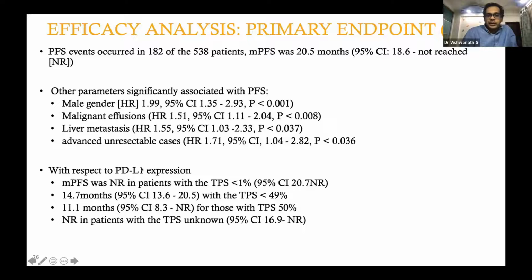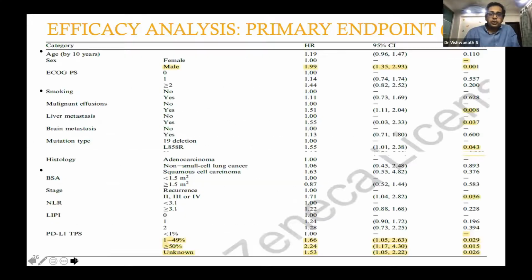And with respect to PD-L1 expression, the median PFS was not reached in those with a TPS score of less than 1, and was 14.7 months for a TPS of 1 to 49%, 11.1 months for those with a TPS of 50% or more, and was not reached in patients with unknown TPS. So you can see that higher PD-L1 was associated with a reduction in the PFS.